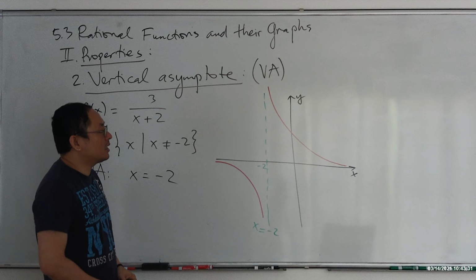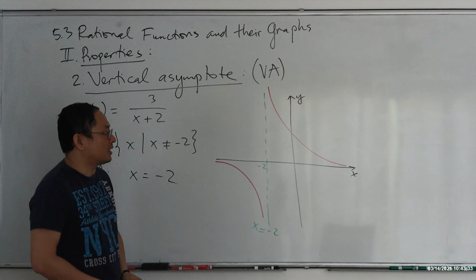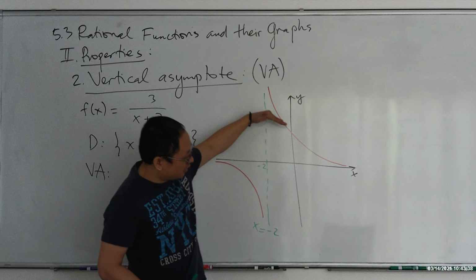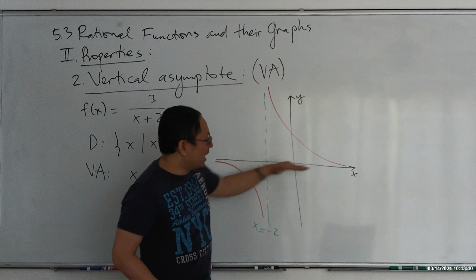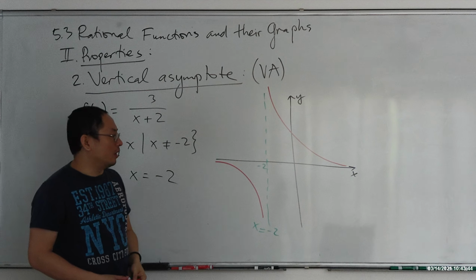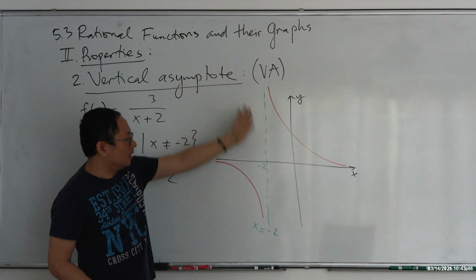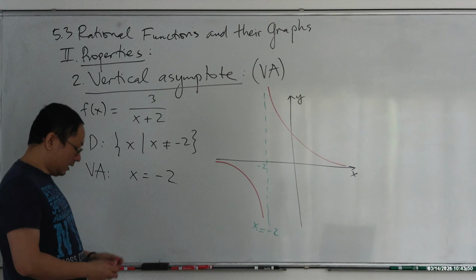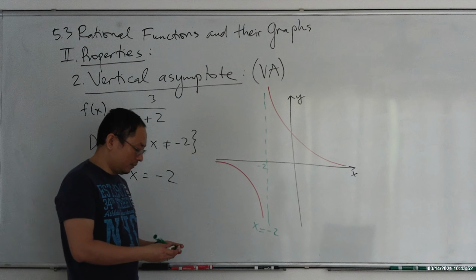And of course, by similarity, we're going to have another type of asymptote right here, called the horizontal asymptote. The graph is getting close to the x-axis when x goes to infinity, or x goes to -infinity as well. But now we're just focusing on the vertical asymptote.